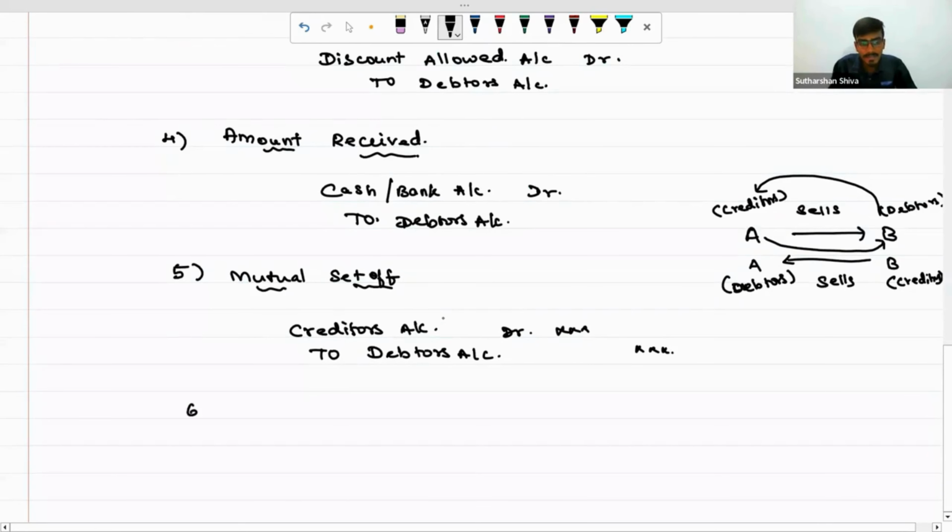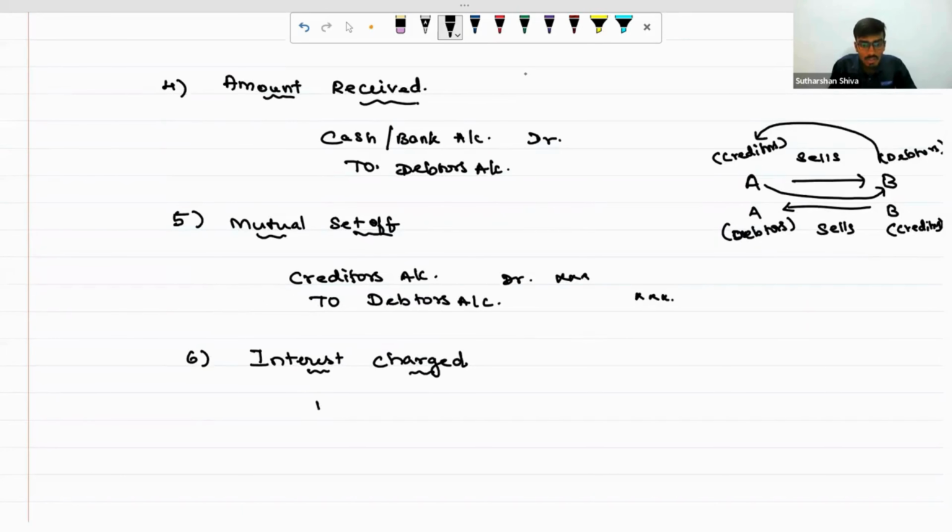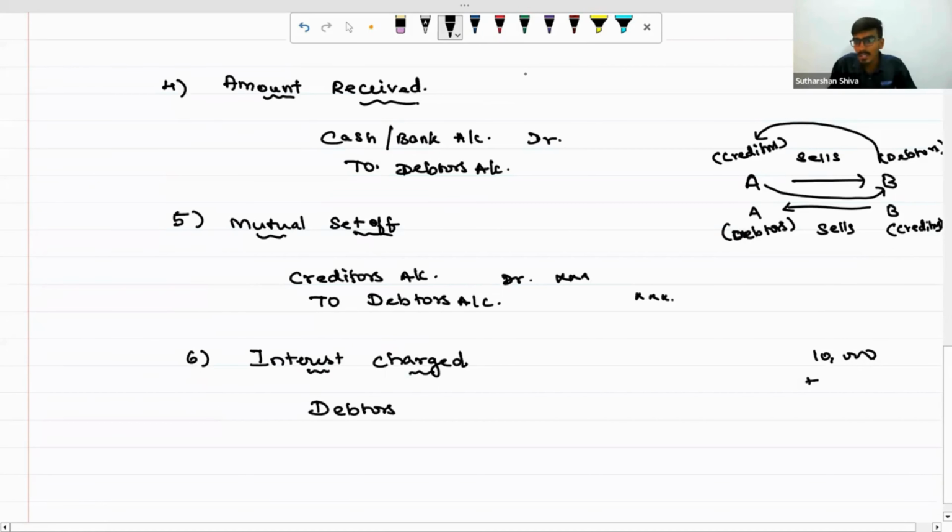For some cases, debtors may charge some interest. My actual debtors amount will come up because on 10,000 they are charging 2% interest.